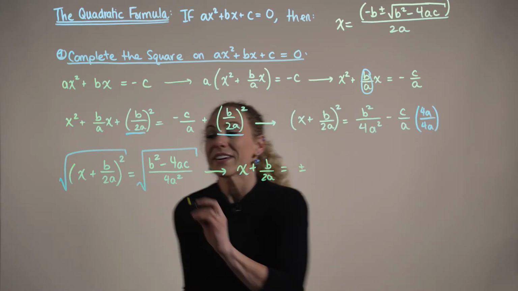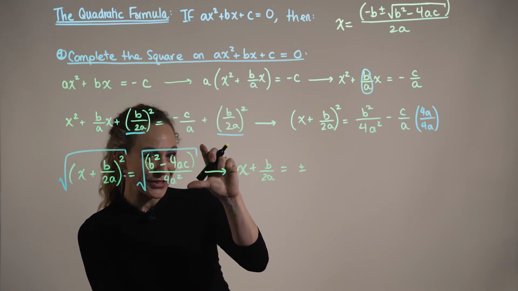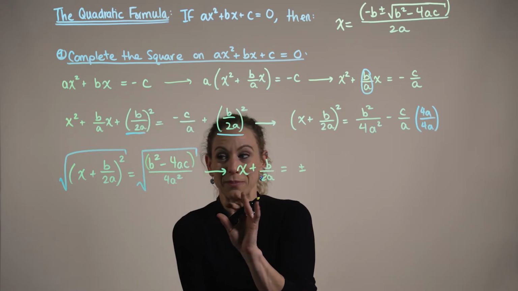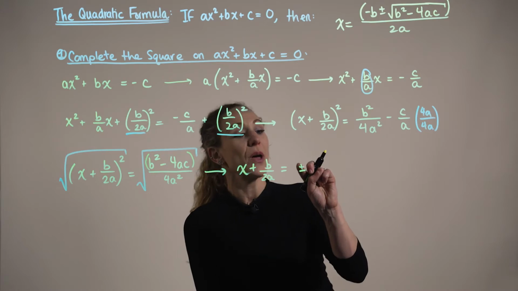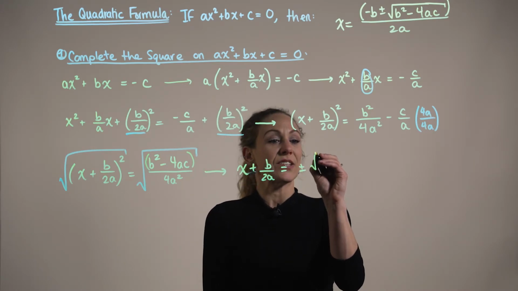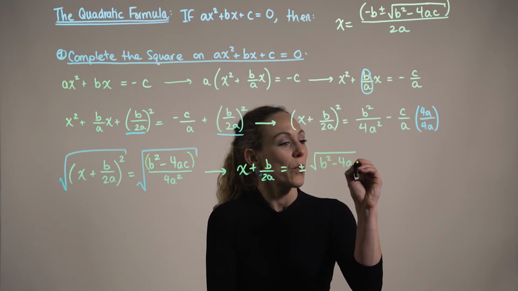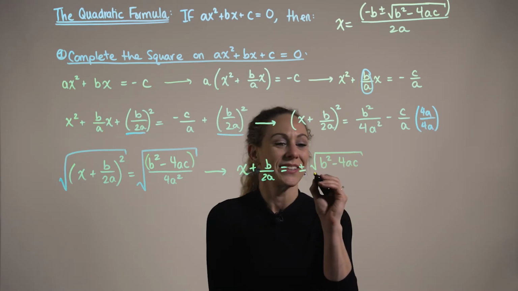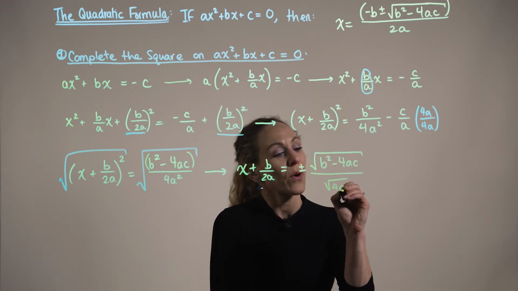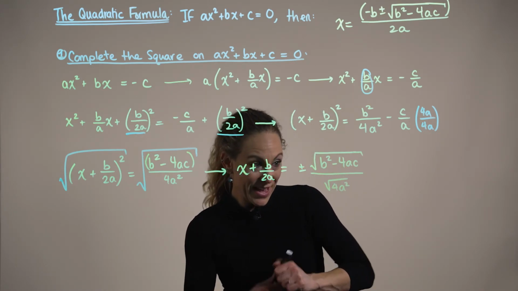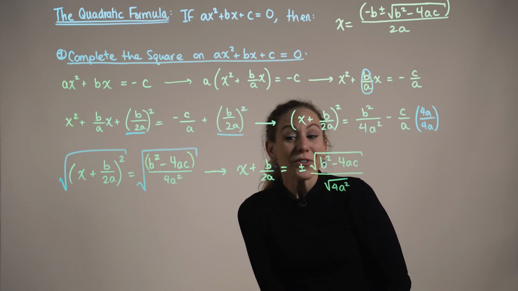Now notice here, under the square root on the right, we have the ratio of two terms, so we can split that radical up and say that this is equal to plus or minus the square root of b squared minus 4 times a times c, and that's all divided by the square root of 4a squared. And we're excited here because we realize that this denominator is a perfect square.